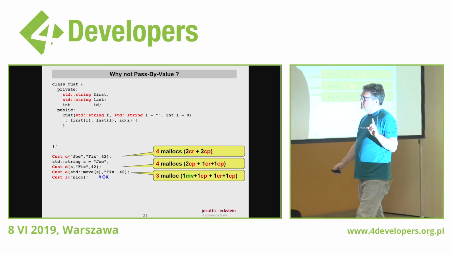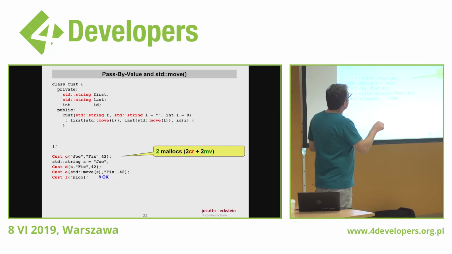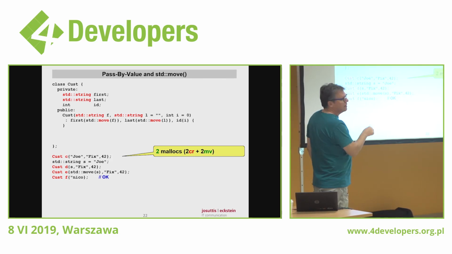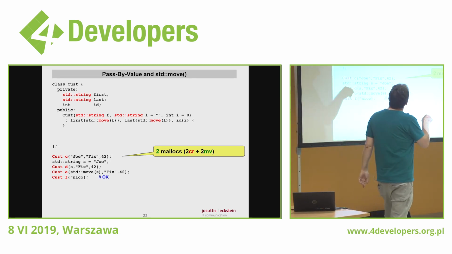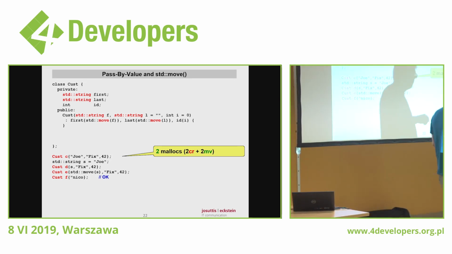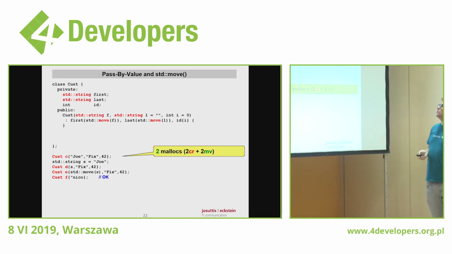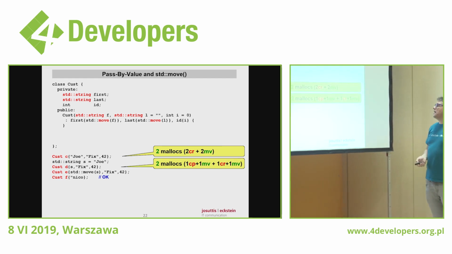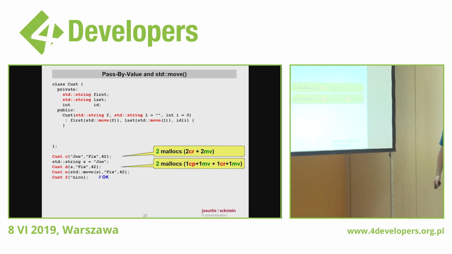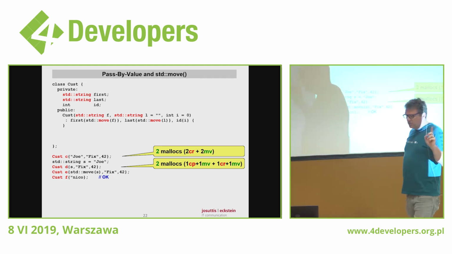But we have move semantics. So we can say, let's create the arguments f and l as a string, and then let's move them into the first and last name members. And that's surprisingly good. It fits all the cases we have here, and it is perfect regarding the number of allocations, because the trick is simple.